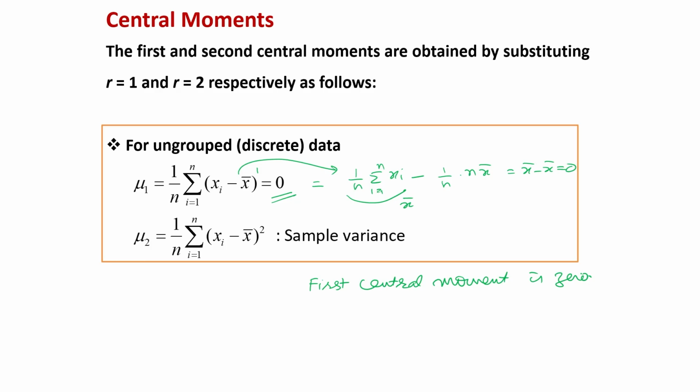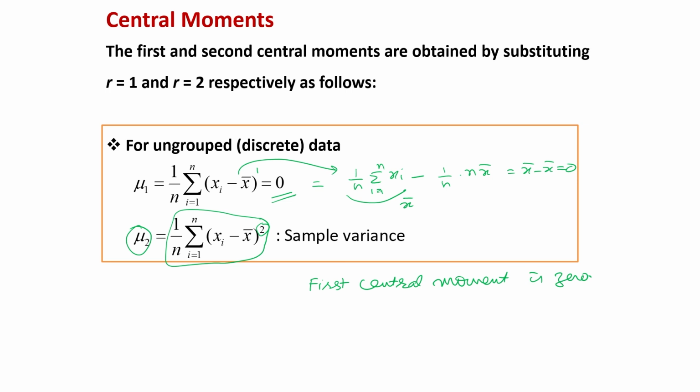Now, if you substitute r equal to 2 here, then you get like this. So, you can see here what is this? This becomes 1 upon n summation i goes from 1 to n xi minus x bar whole square, and this is your mu 2. Now, can you identify what is this thing? This is nothing but your sample variance, right.